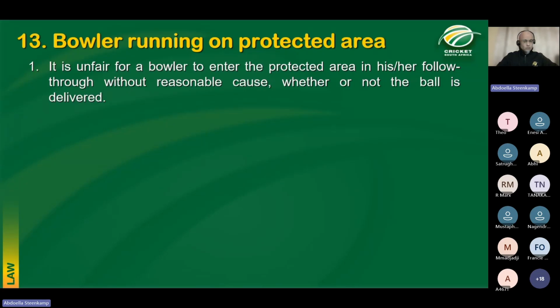Absolutely no problem with that, the law tells us, because there is a reasonable cause, a reason why the bowler went in there. In my example, the bowler tried to stop the ball from going to the boundary. Good cricketing reason, absolutely no issue with that.